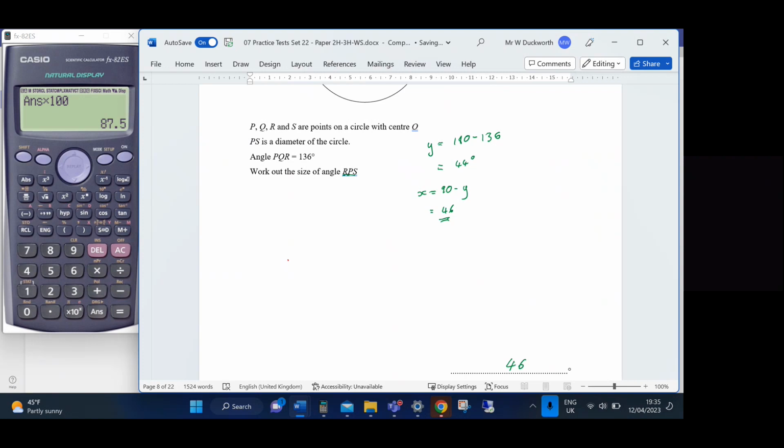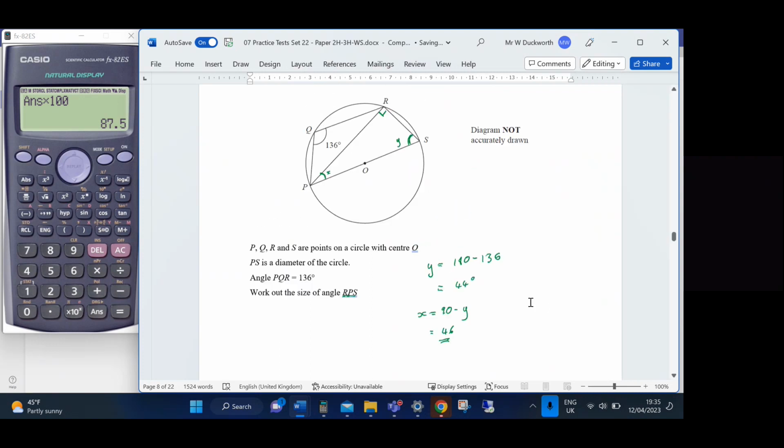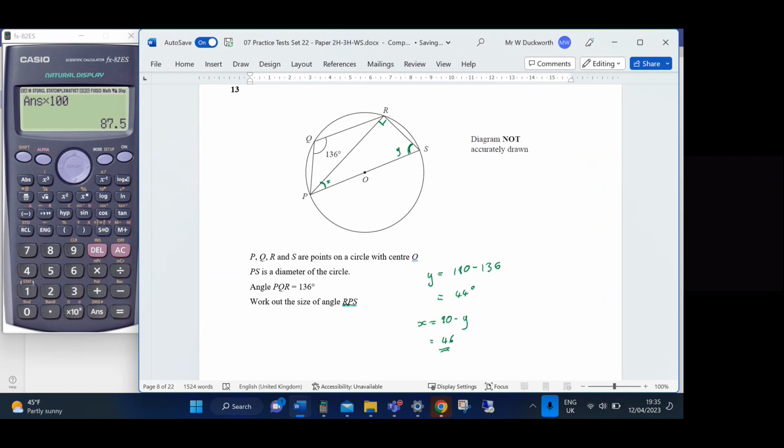RPS equals 90 degrees or PQS equals 90 degrees. Let me just look at that. Okay. Yeah, so may be seen on the diagram, must be labeled on the diagram or identified using 3-letter notation. So in effect, that's M1 there.